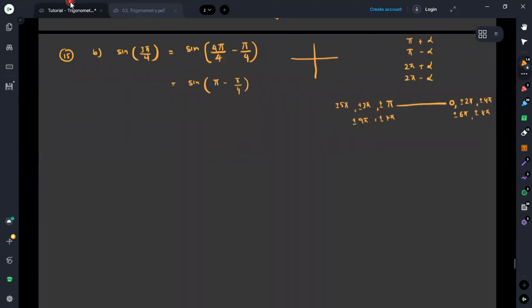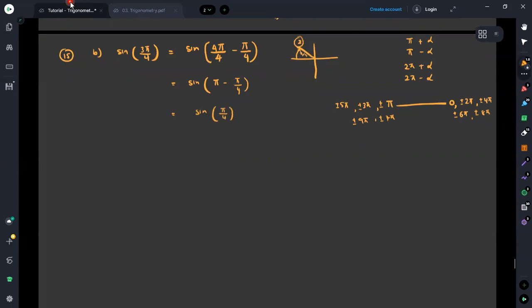Pi is measured, but minus pi is in the other way around. Here we'll have pi over 4 in this direction. But it is in the second quadrant. In the second quadrant, we know that the sine ratio has a positive value. Then we can simply say this is equal to sine pi over 4.